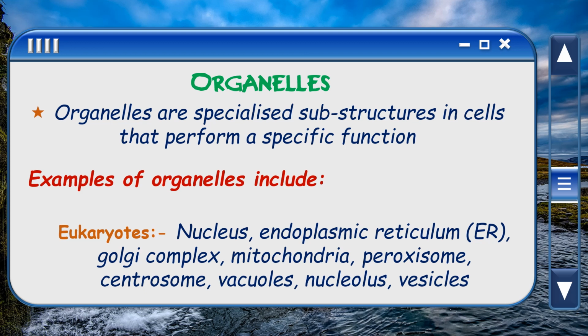Eukaryotes have the nucleus, the endoplasmic reticulum, or sometimes we refer to it as ER, the Golgi complex, the mitochondria, peroxisomes, centrosomes, vacuoles, and vesicles. Those are some of the organelles that we find in eukaryotes.